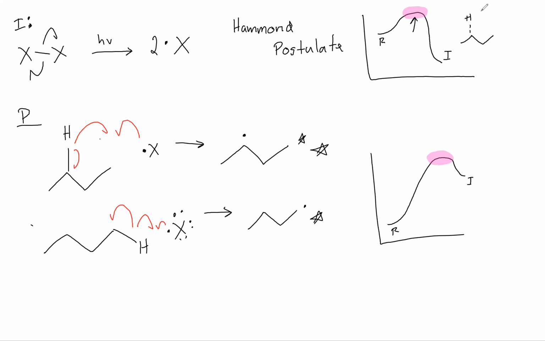It'll be pretty strong still. And the hydrogen-chlorine bond will be a lot weaker. Okay? If we're down here and we're a lot closer to our intermediate that looks like this than our reactants that look like this, then that hydrogen bond is going to be a lot weaker. And that hydrogen-chlorine bond is going to be a lot stronger. All right? Does this make sense so far? Does anybody have any questions about this?